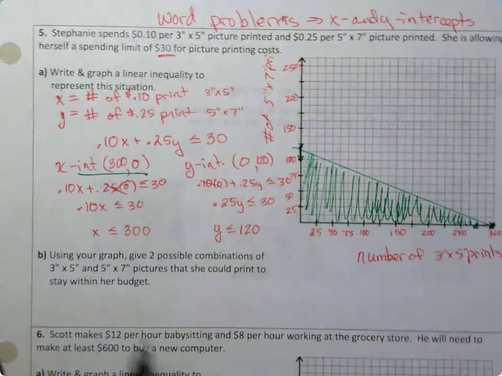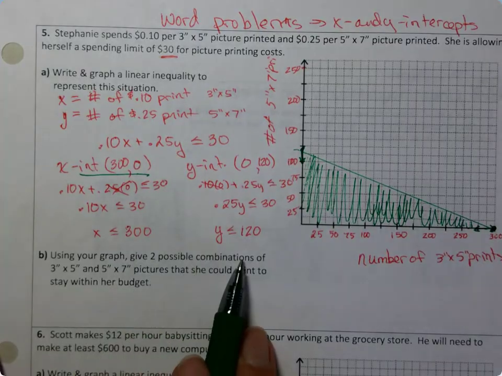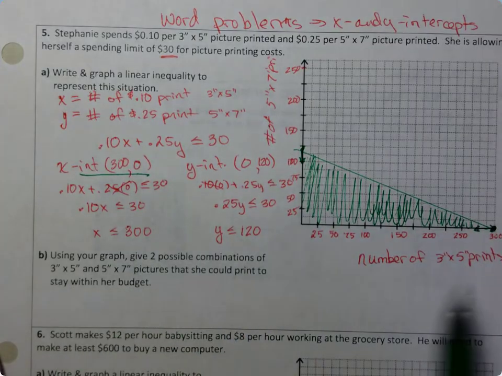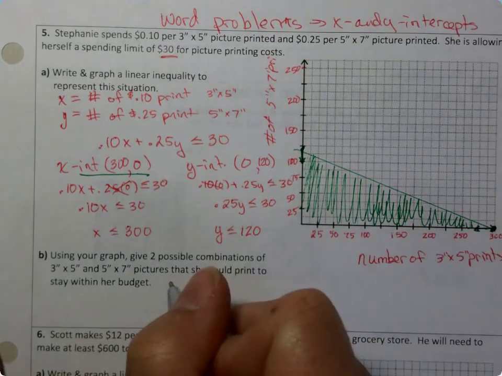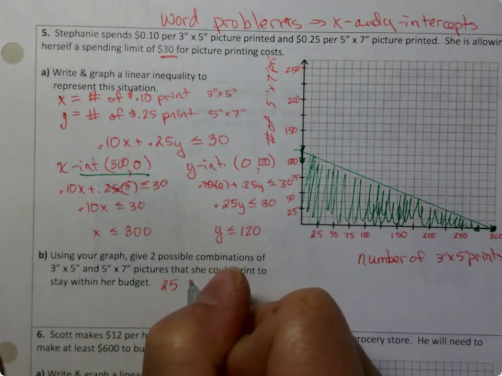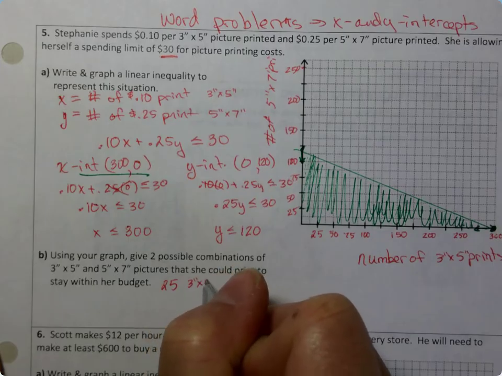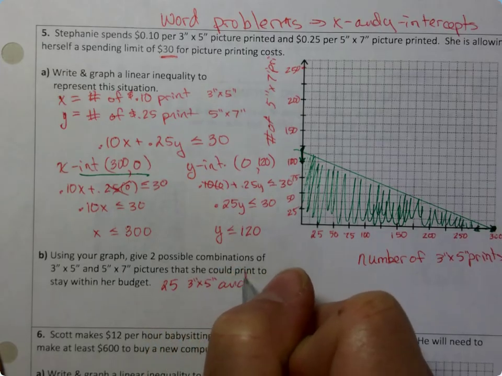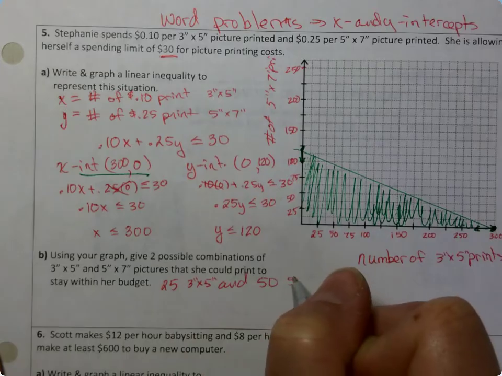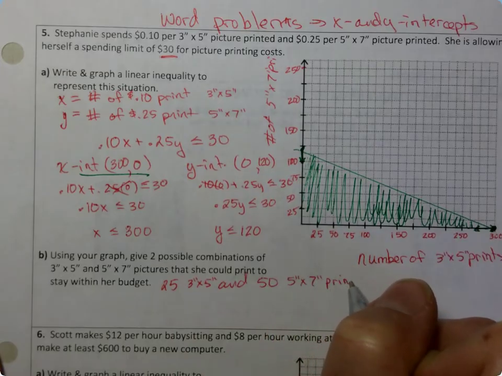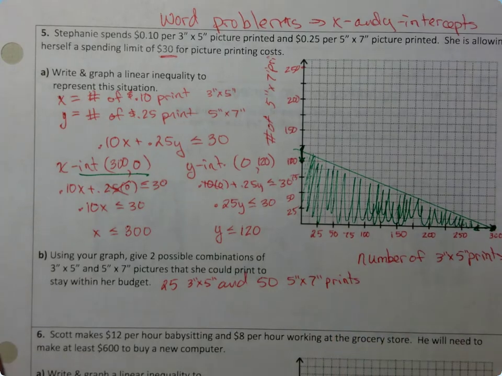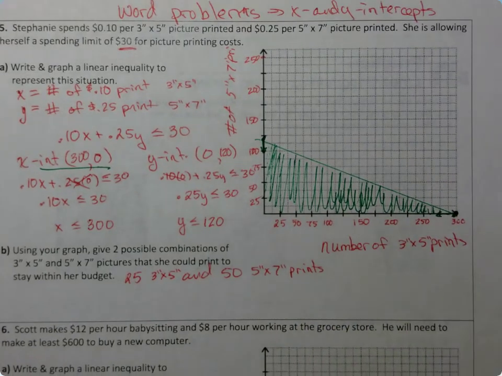Okay, now, using your graph, give two possible combinations of pictures that they could print to stay within the budget. Guys, they could print 25 and 50. So 25 3x5s and 50 5x7s. Pick another answer. Anything in the shaded region or on the solid line.